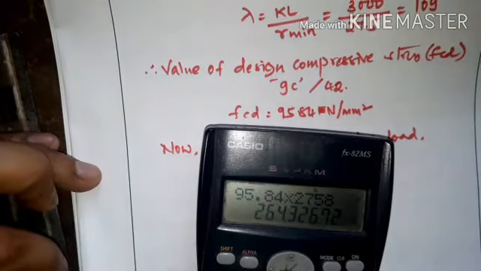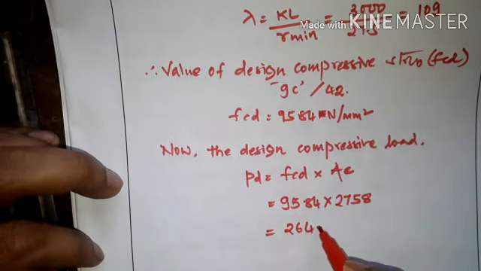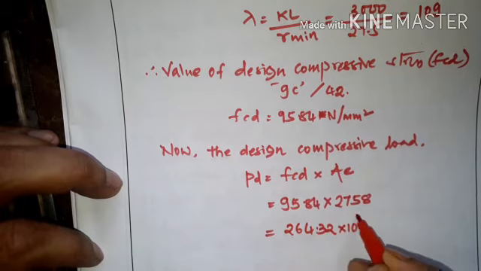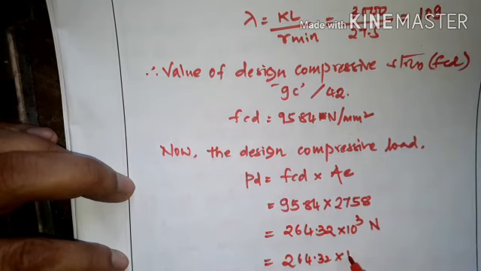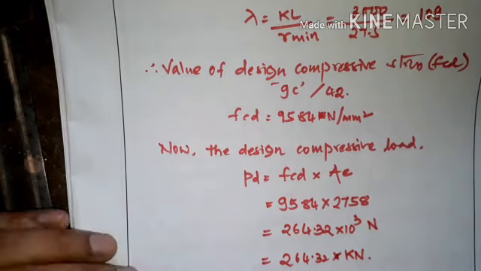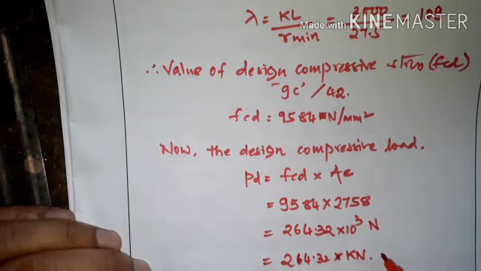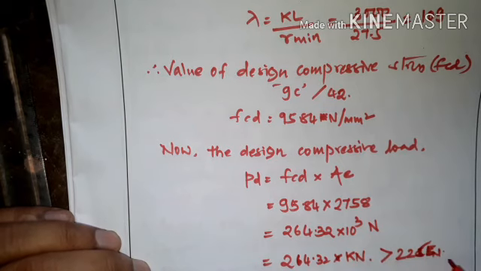So we will get it as 264.32 into 10 to the power 3 Newton, or 264.32 kilonewton, which is more than 225 kilonewton, therefore safe.